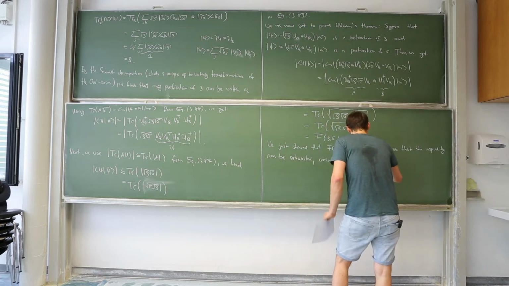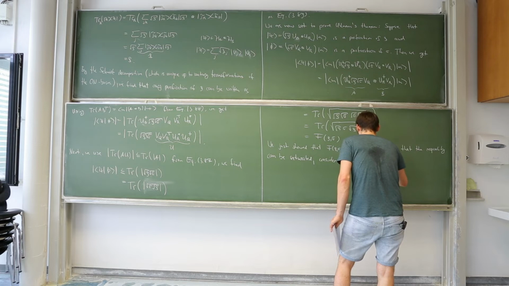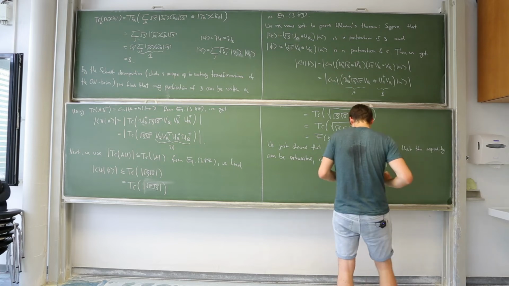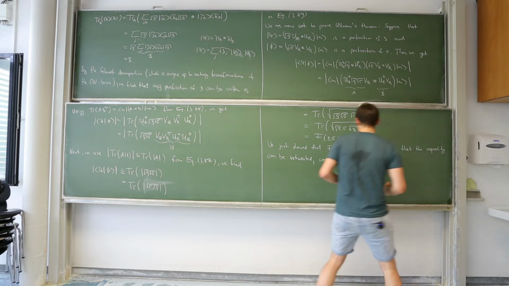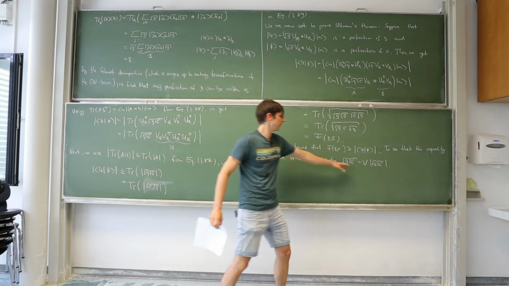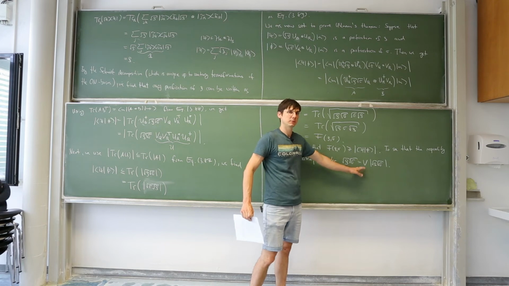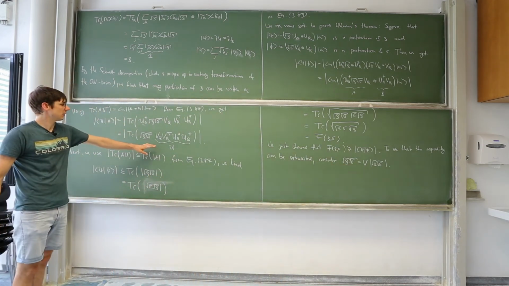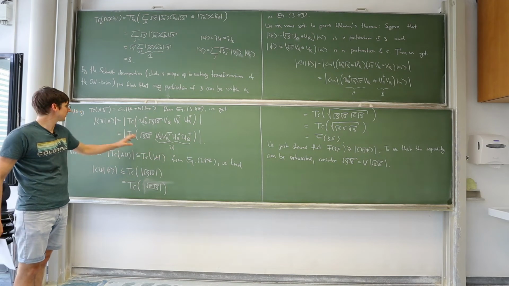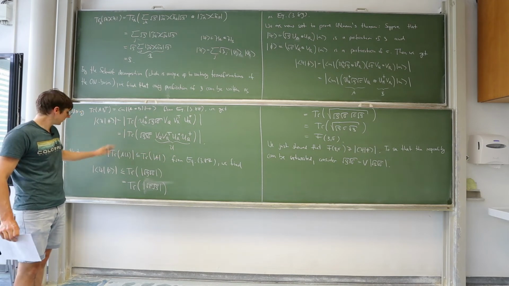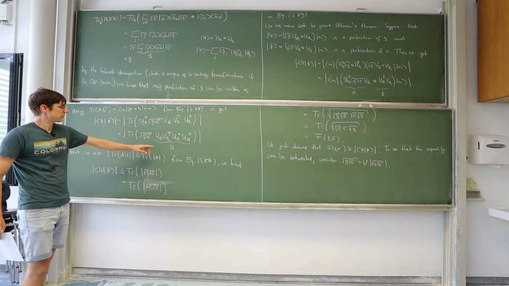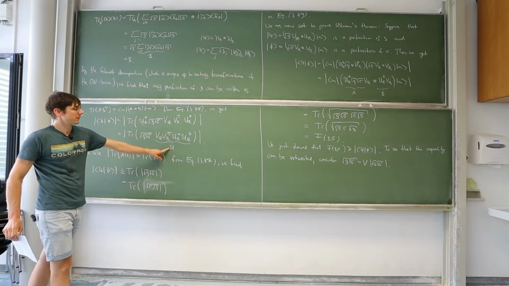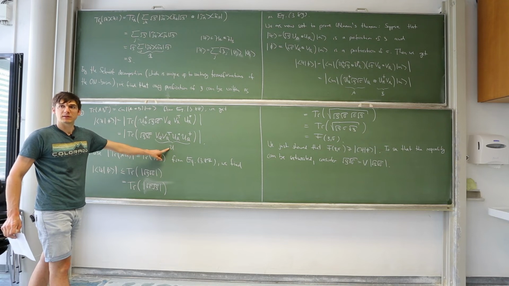Let me write this as V, a unitary V times the modulus of sigma rho. Okay, so let this be the polar decomposition. And now you see how we have to choose U, right? Because up to here we have an equality and the inequality comes in here. So if U is equal to V dagger, then we get an equality.